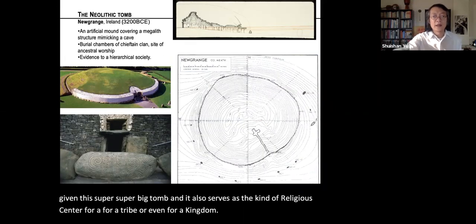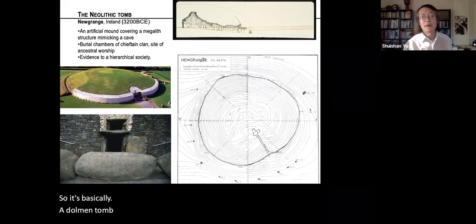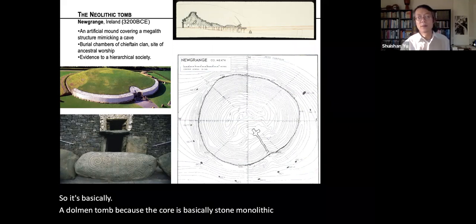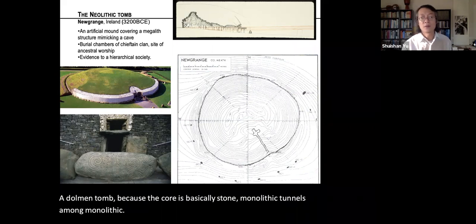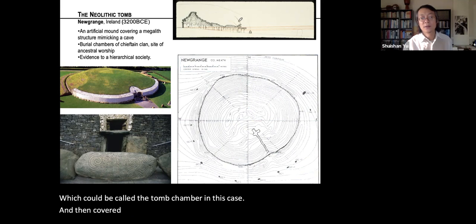So it's basically a dolmen tomb, because the core is basically stone monolithic tunnels, a monolithic space, which could be called the tomb chamber in this case, and then covered by dirt.